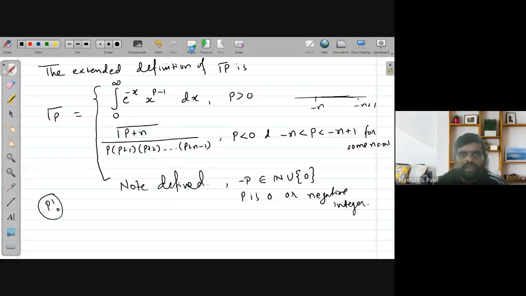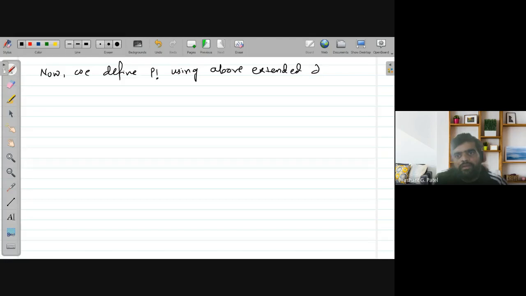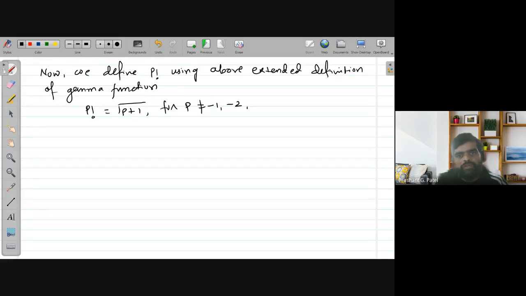So now we define p factorial using the above extended definition of the gamma function, that is, p factorial is equal to gamma p plus 1 for p not equal to minus 1, minus 2, minus 3 and so on. If p is not equal to these, we can write this down.